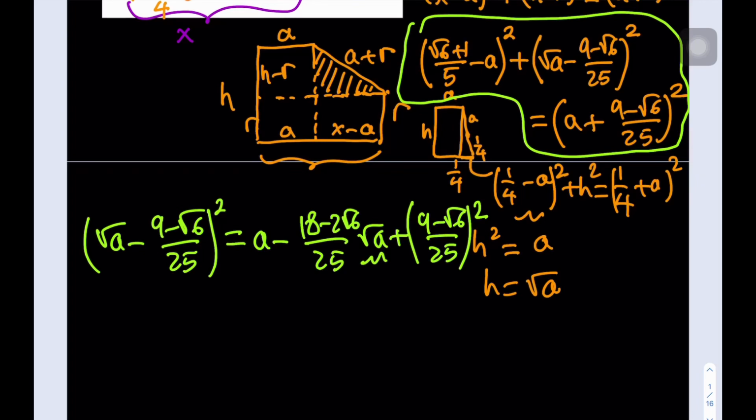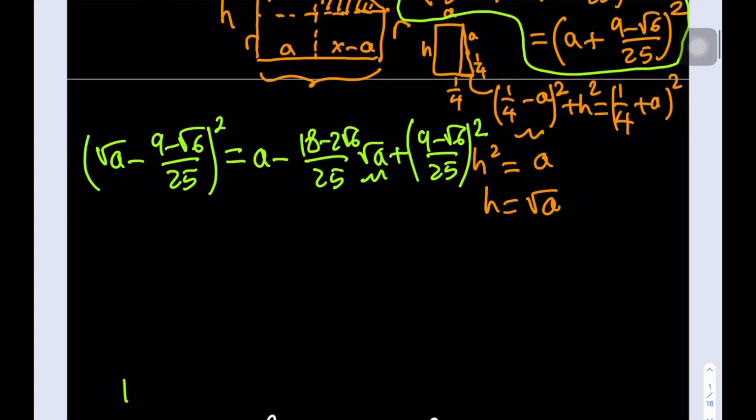So you have to isolate that and then put everything else on the other side, and then square both sides. And you're going to have to deal with lots of radicals. I don't really want to waste your time here. So to save time, I did the work for you, right? And here we go. I'm going to give you the answer for a for free.